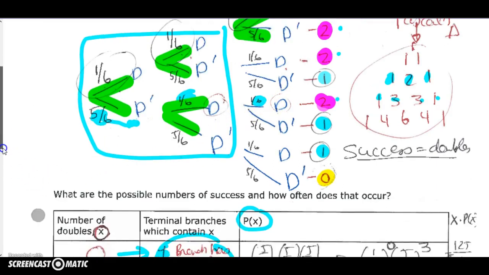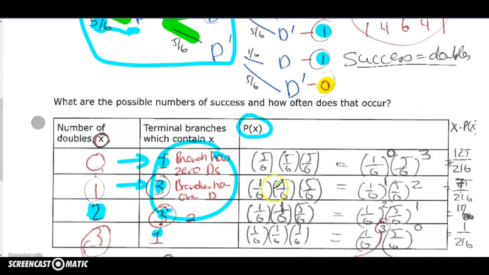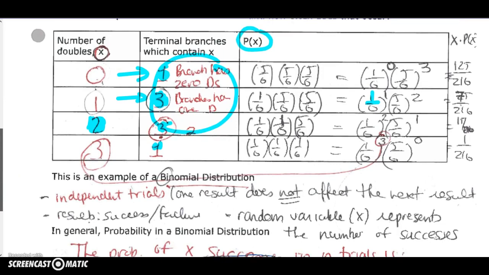So to find the probability of that occurring, it would be 1/6 times 5/6 times 5/6, which is the same as 1/6 to the power of 1 and 5/6 to the power of 2. And that's the probability of that occurring. Okay, and then if you multiply that by the number of ways it occurs, which is 3, the overall probability is 75/216. Anyway, I'm probably confusing you right now, but let's continue here, and then we'll make sense of this whole thing.